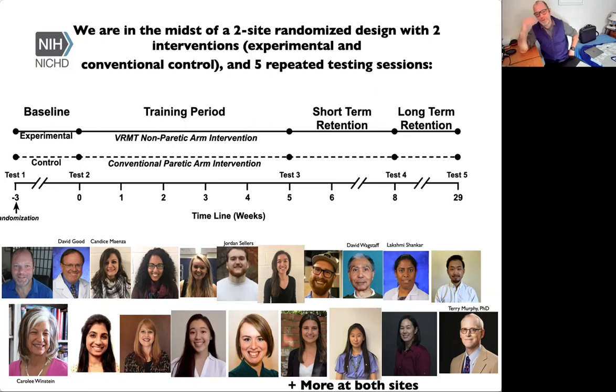So I was first trained as an OT, and in OT school, this used to be a bachelor's degree in the States, OT and PT, back in the Middle Ages when I got my bachelor's degree, we were taught about dominance and how important it was to function. Nobody knew about the neural substrate to dominance really, but we were taught to assess it.